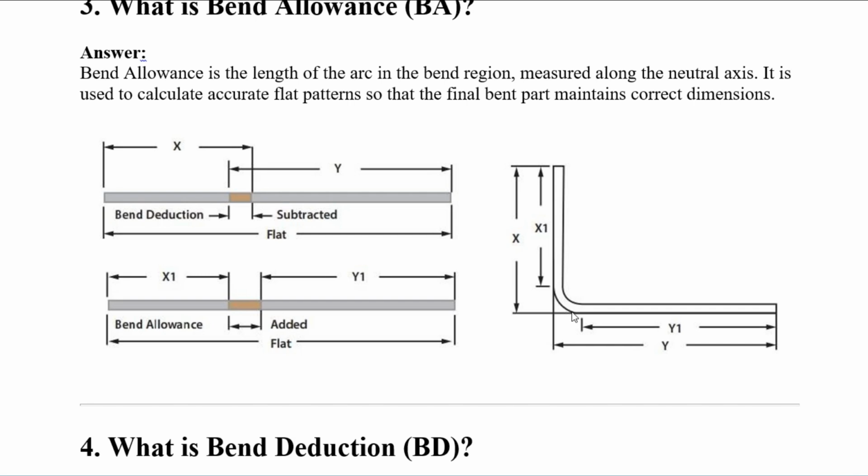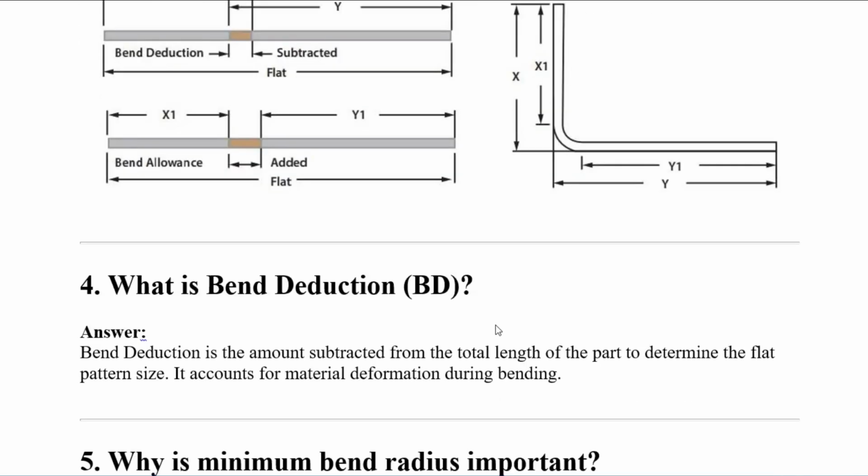We need to accurately calculate the flat pattern length, so that the final bent part remains at the accurate dimension. Similarly, bend deduction is the amount subtracted from the total length of the part to define the flat pattern size.